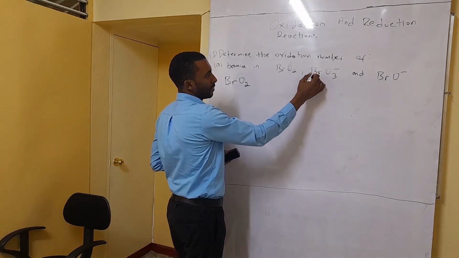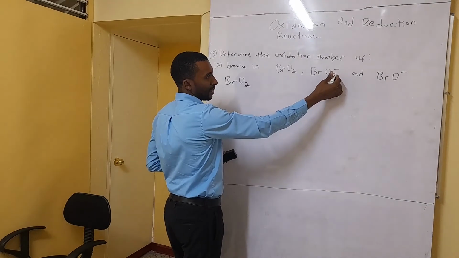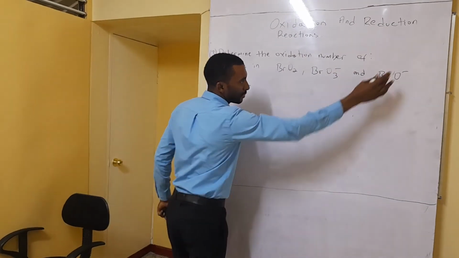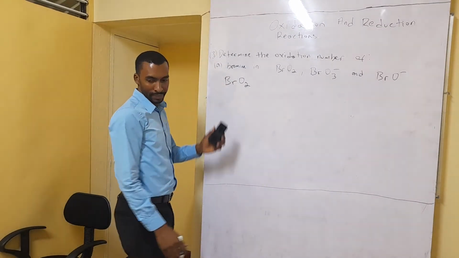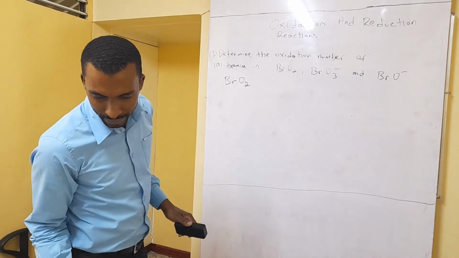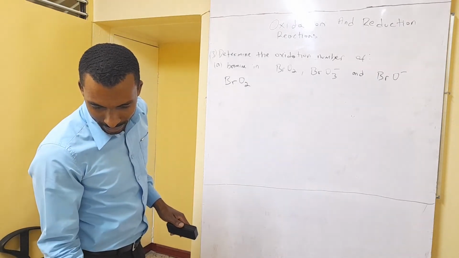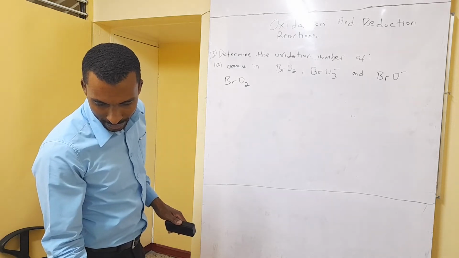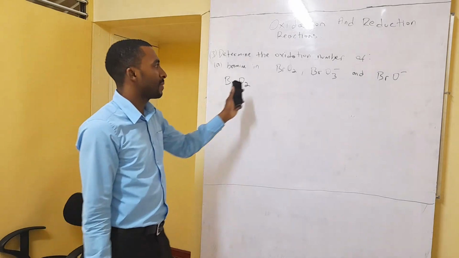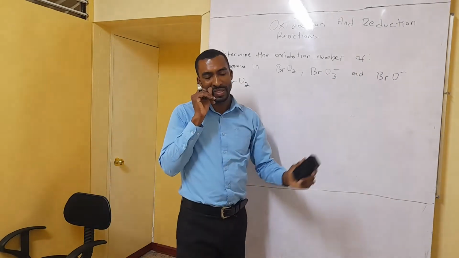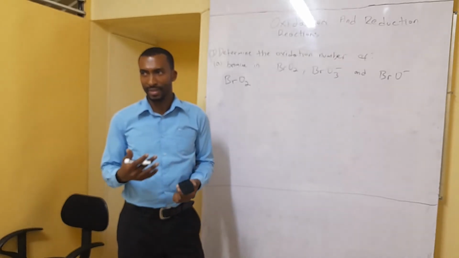But BrO3 minus is a polyatomic anion. BrO2 minus is a polyatomic anion as well. Alright? So remember that these are not popular ions that you need to know, but it's just to test the knowledge of calculating oxidation number, which you must have for the exam.